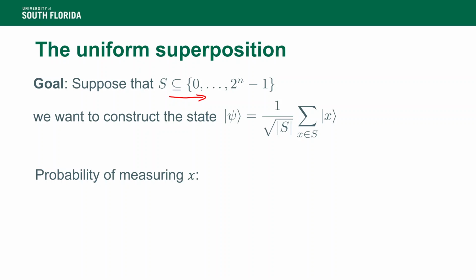The state psi, which is the sum of basis vectors corresponding to the indices in the set divided by the square root of the cardinality of S, is what we call the uniform superposition of the elements of S. And the probability of measuring a given x is 1 over square root of |S|, squared, which is 1 over |S|, which is a uniform probability.